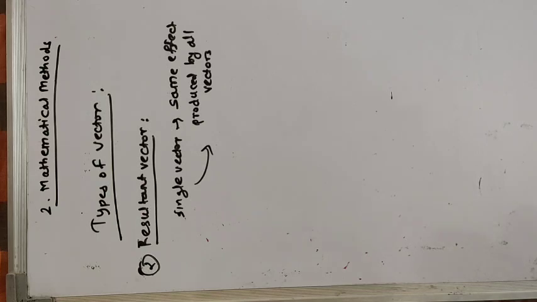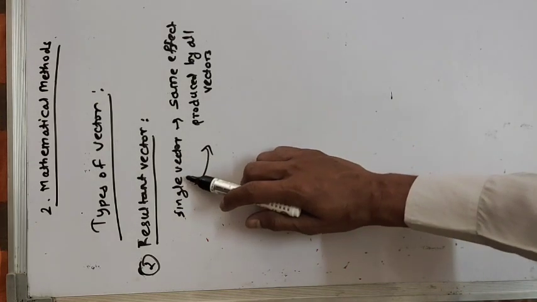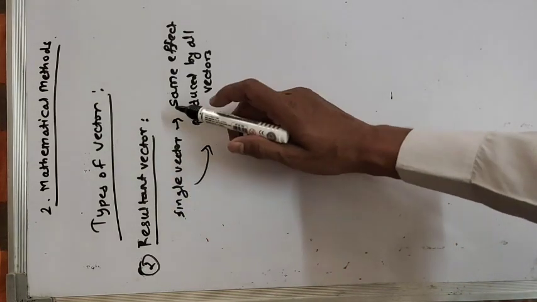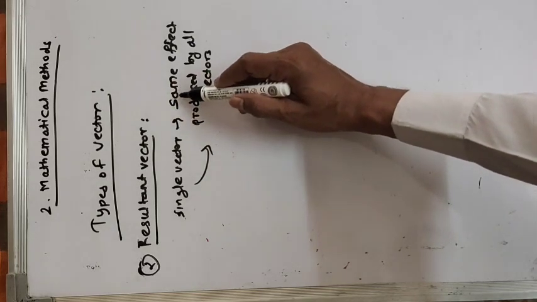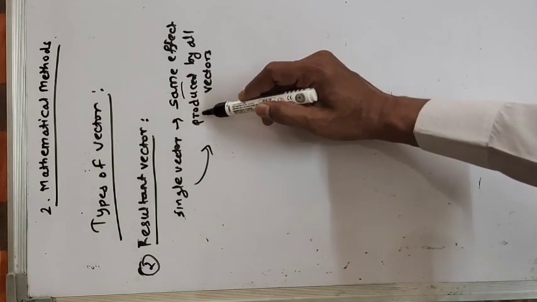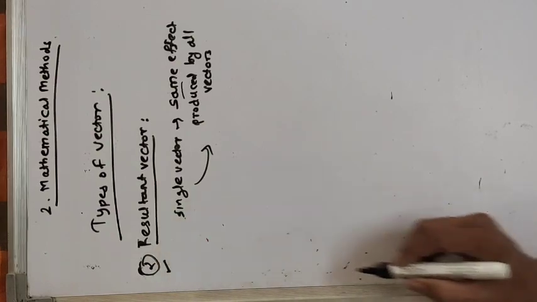Again I repeat, the resultant of two or more vectors is the single vector which produces the same effect as produced by all the vectors. This is the resultant vector.